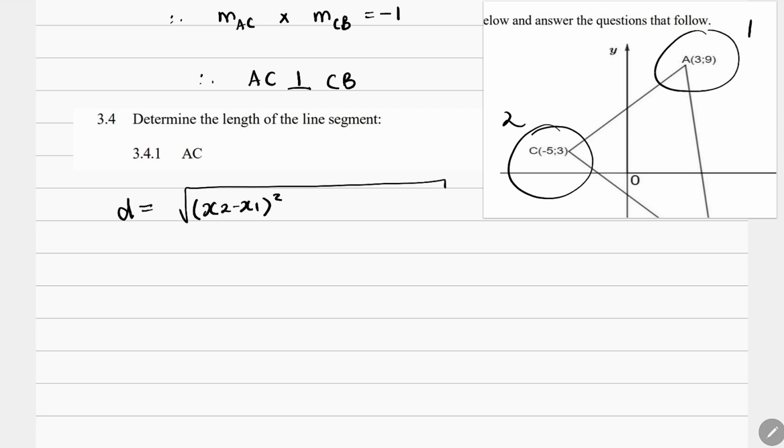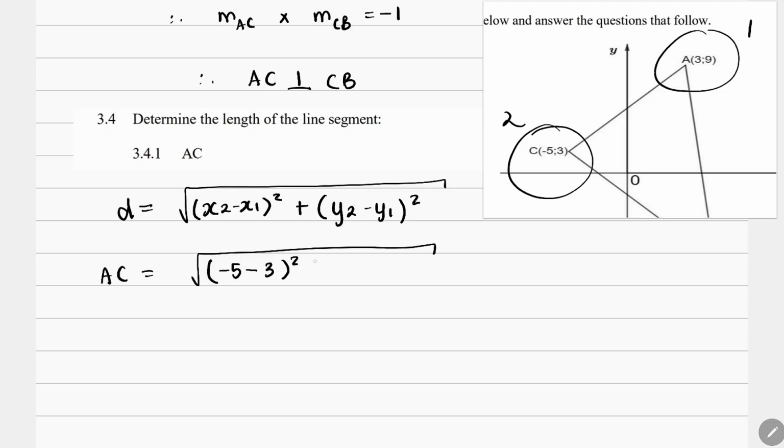You can start with y2 minus y1 all squared, it's fine because you're still adding. And then plus y2 minus y1 all squared. So the distance of AC would be found by taking the x2, which we can see is negative 5, so point 2, negative 5 minus 3 all squared, plus 3 minus 9 all squared.